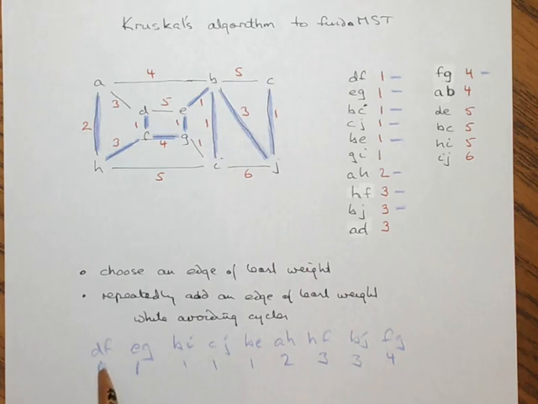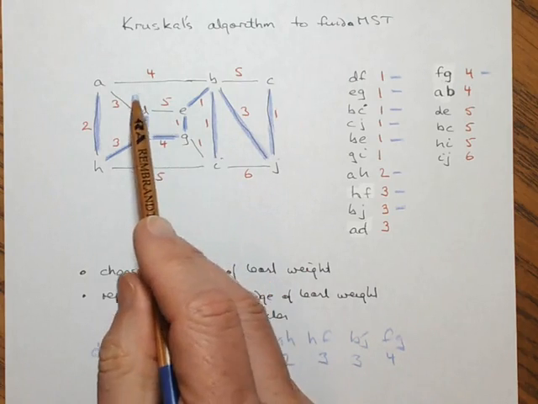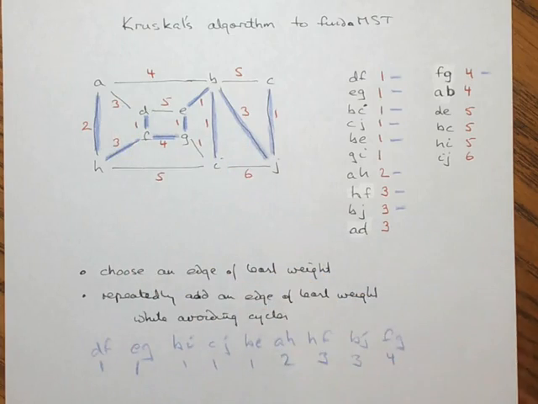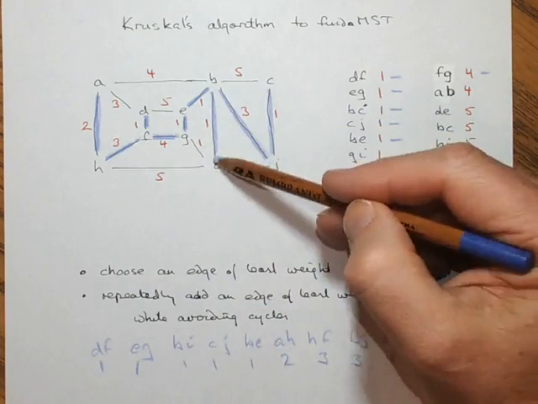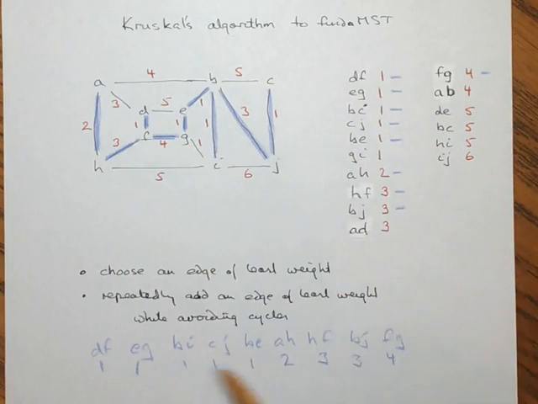How many edges do we have? 1, 2, 3, 4, 5, 6, 7, 8, 9. So we know we could have stopped there. In fact, looking at this, we can see we can stop because all the vertices have been covered. And again, 4, 7, 10, 12, 13, 14, 15, 16, 17. Total weight of 17.